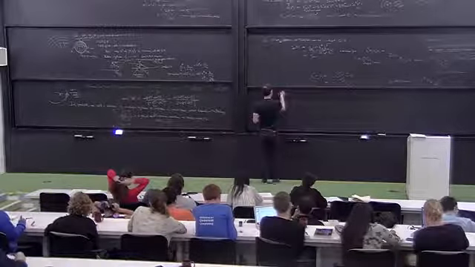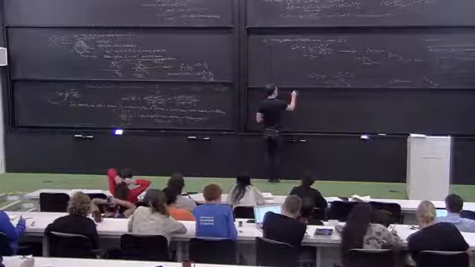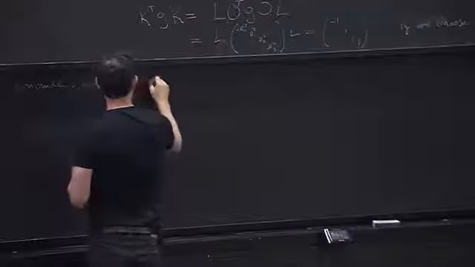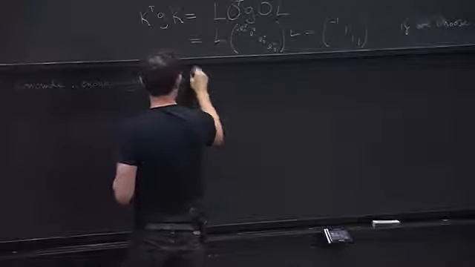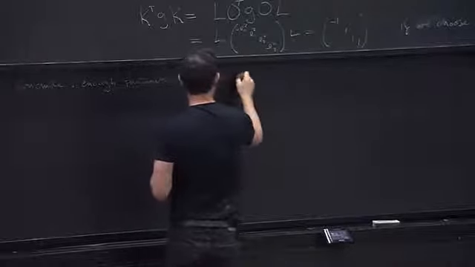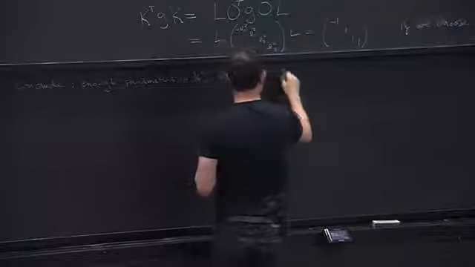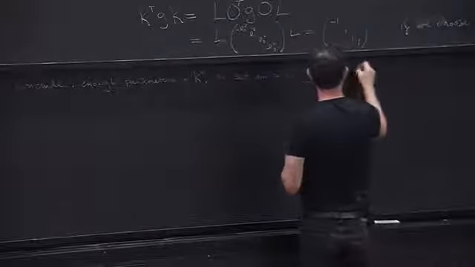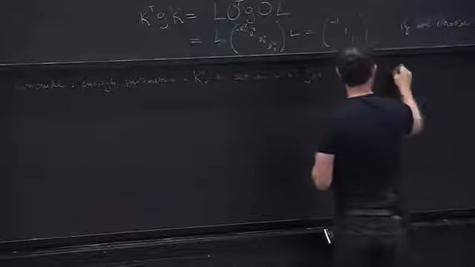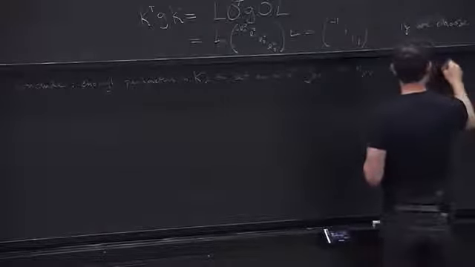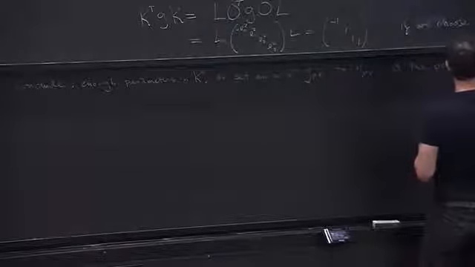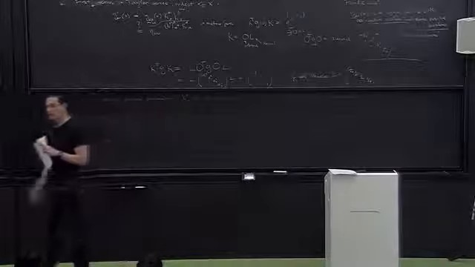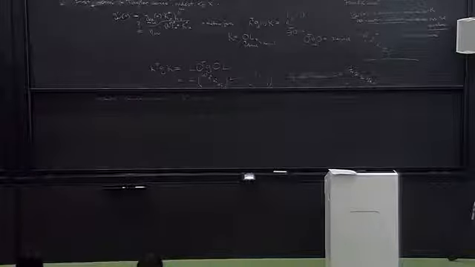So we conclude there are enough parameters in K to set an arbitrary G mu nu to eta mu nu at the point x equals x prime equals 0. So we've just done it at one point. Changed coordinates, and our metric is Minkowski at that point.